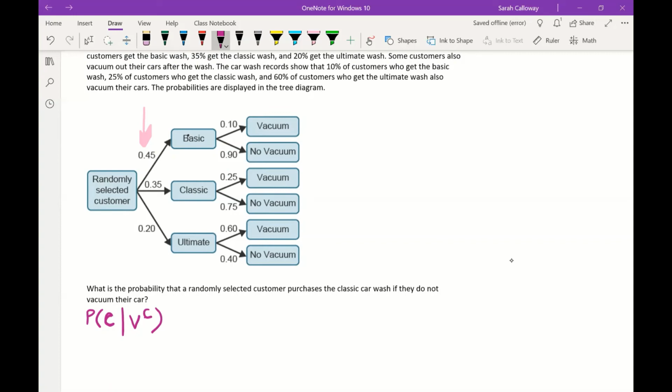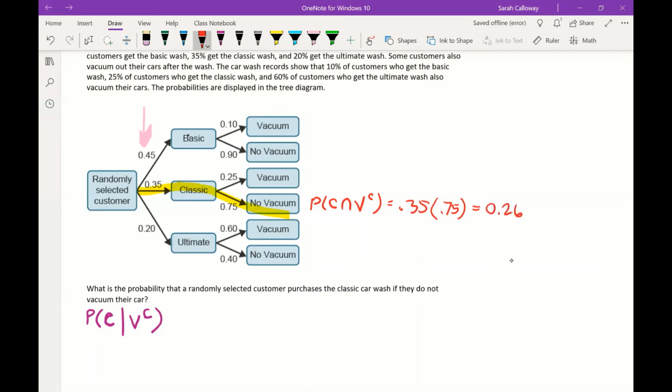So in the previous problem, we multiplied to find and probabilities, right? So if I were to multiply classic to no vacuum, that would give me the probability that someone purchased the classic and didn't vacuum. And so that would be 0.35 times 0.75, which is 0.26.